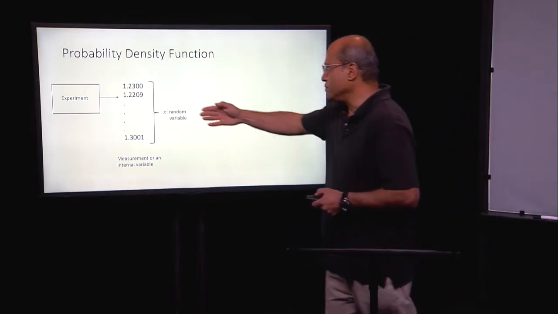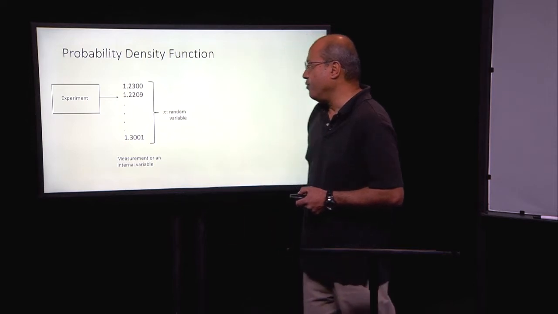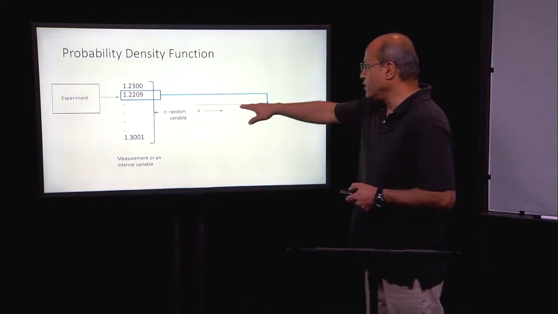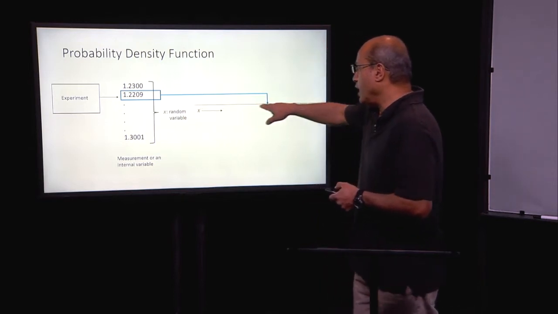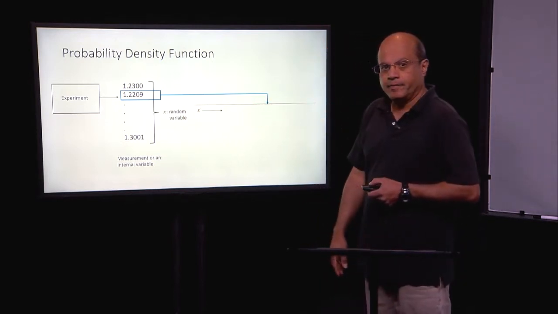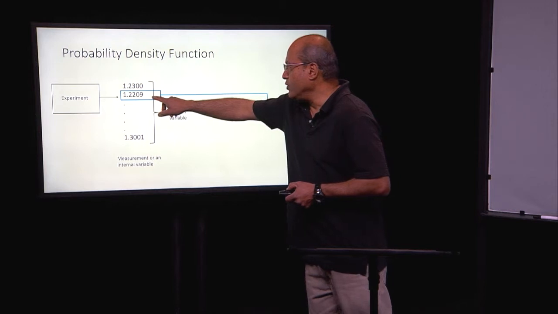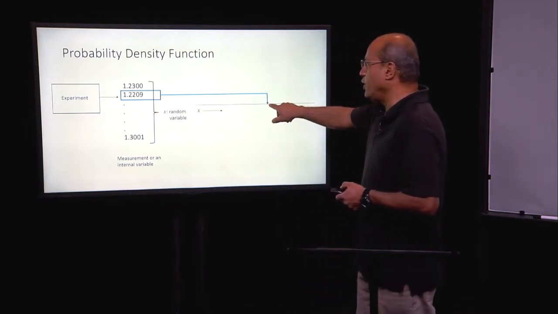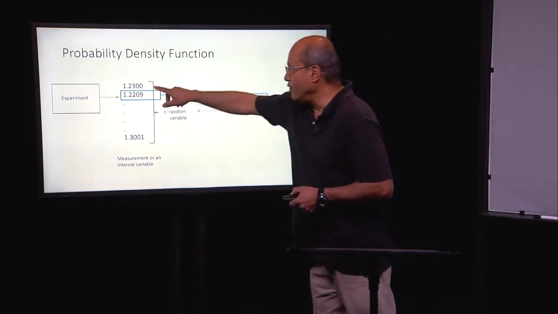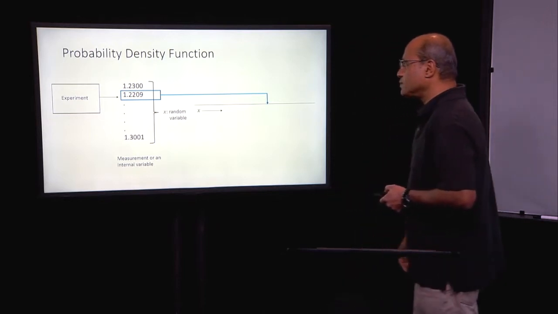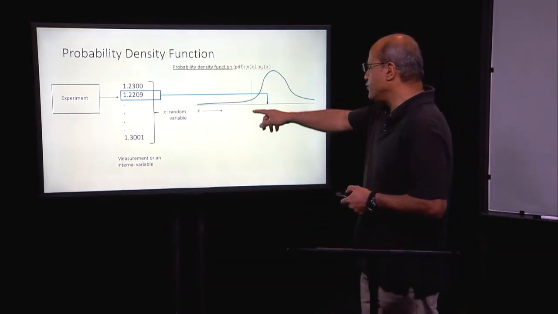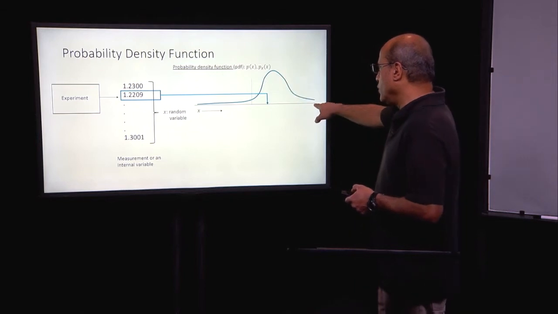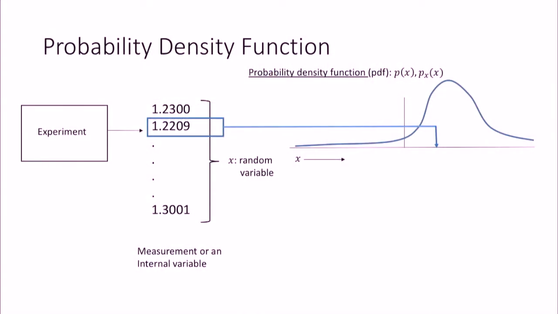And in this case, because it is a scalar random variable, all possible values that the random variable x can take are simply the real line. So any value that x actually takes is a point on that real line, and then different values are different points. The probability density function is a function defined now on the set of all values that x can take, which is the real line.